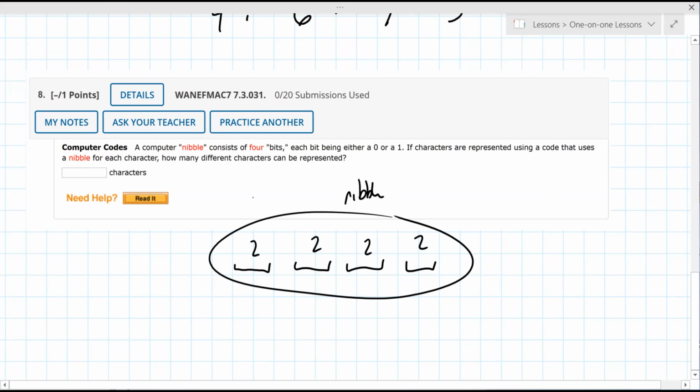So I think it's asking how many nibbles are there, which is 2 times 2 times 2 times 2, which is 16. Hopefully that is what it's looking for. And that is what it's looking for. So the rest of this is not useful. It's just this first part here.